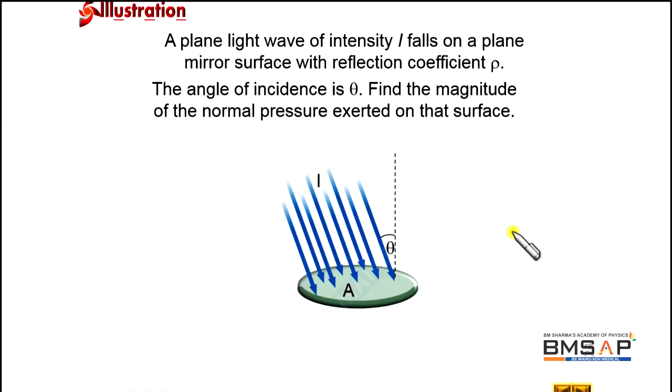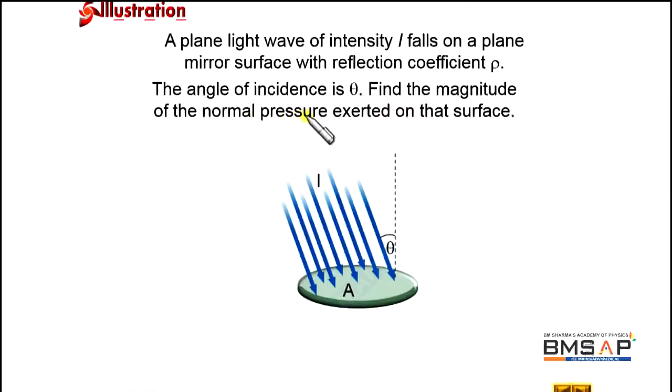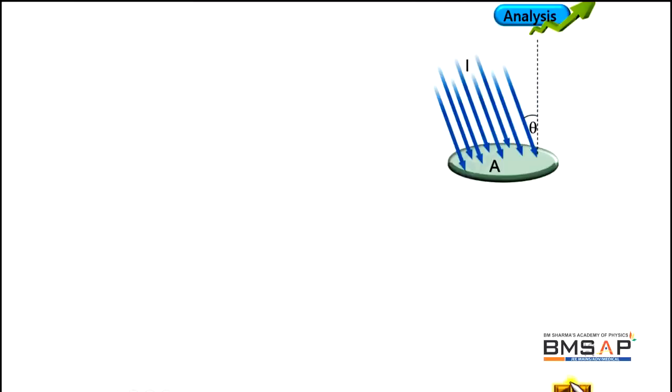So, let us place the diagram on the next page here, right, and in the question we are required to calculate the normal pressure. That means we need to find the normal component of the force, that is, the force exerted by radiation in the normal direction. Okay. So, let us find the momentum corresponding to the incident photon normal to the surface, that is the vertically downward direction, right.